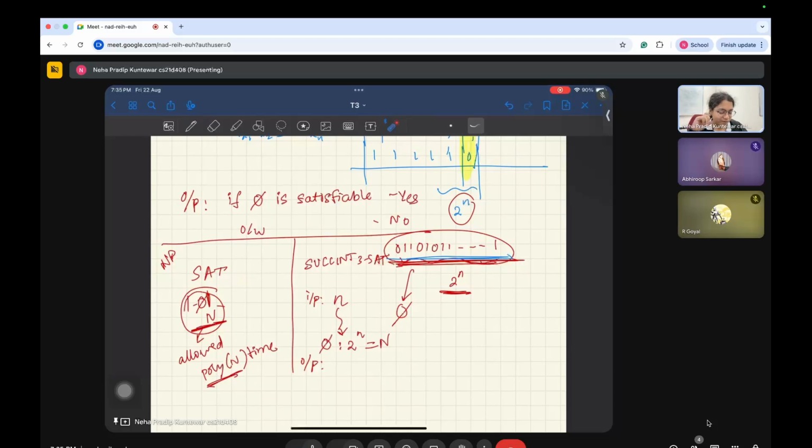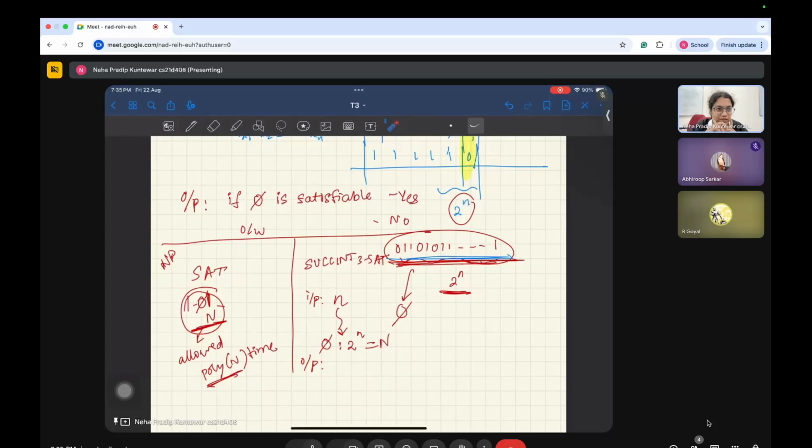So, how do I convince you? We want to argue that for a formula of size capital N, how does SAT perform, and how does succinct SAT perform for the same size, right? Otherwise, the comparison wouldn't make sense.